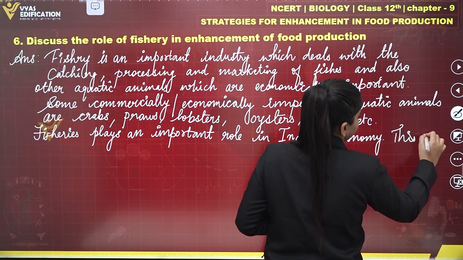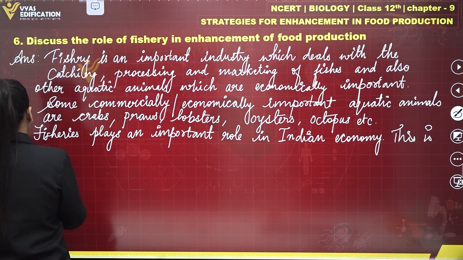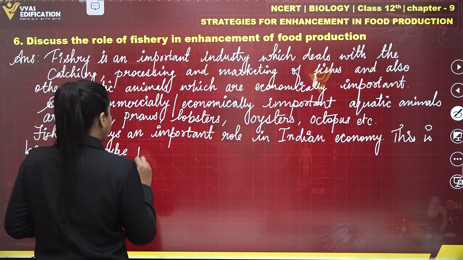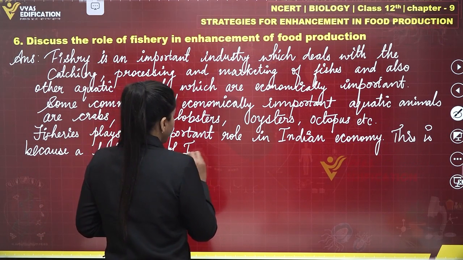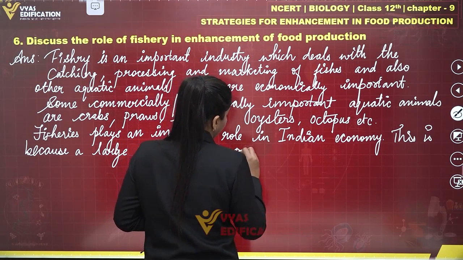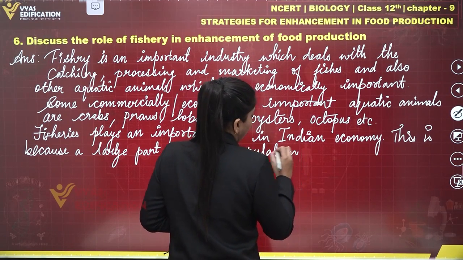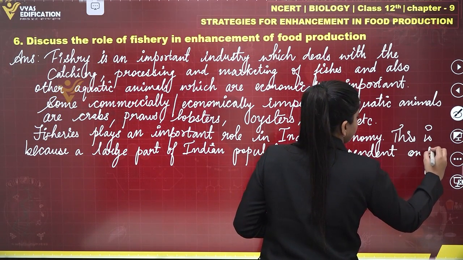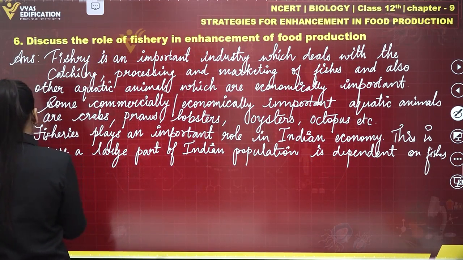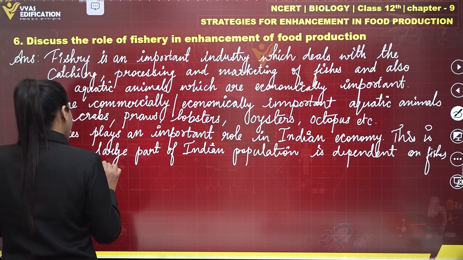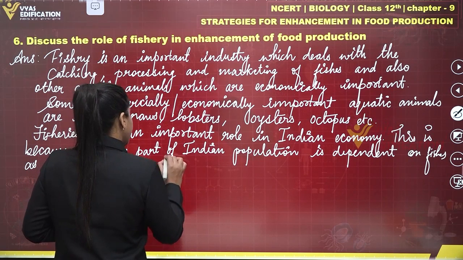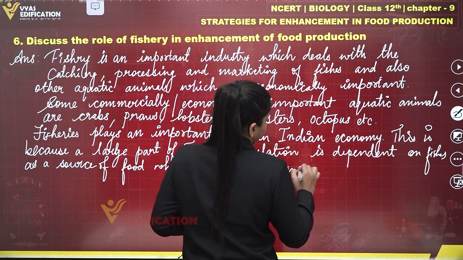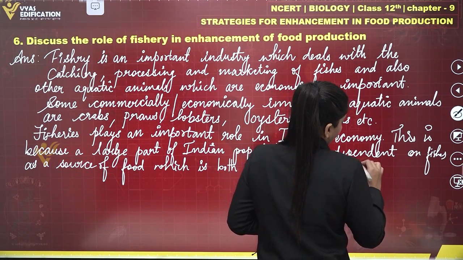This is because a large part of Indian population is dependent on fishes as a source of food, which is both cheap and high in animal protein.